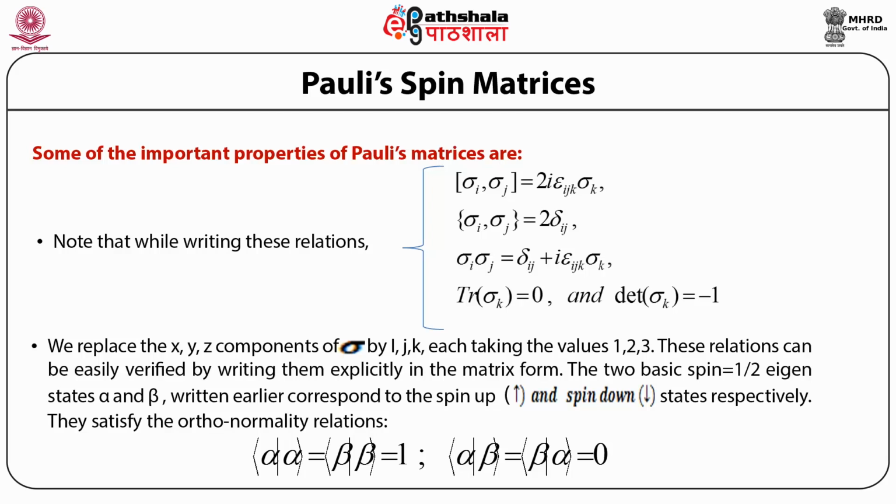Both these eigenstates alpha and beta satisfy the orthonormality relation: bra alpha ket alpha is equal to bra beta ket beta is equal to 1. Similarly, bra alpha ket beta is equal to bra beta ket alpha is equal to 0.